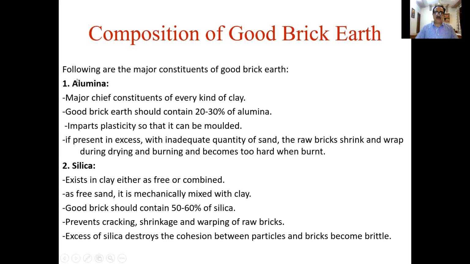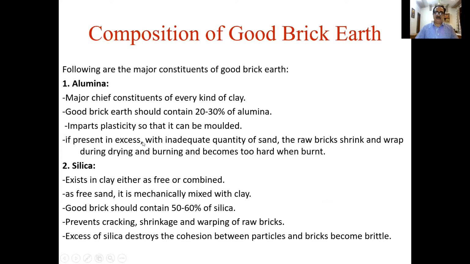First is the alumina, the major chief constituent of every kind of clay. Good brick earth should contain 20 to 30% of alumina. The function of alumina is that it imparts plasticity so that it can be molded.